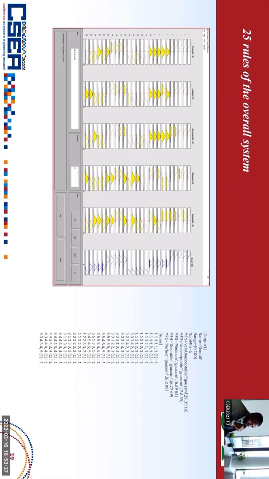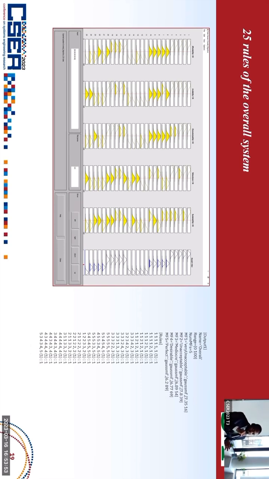I set 25 rules for my system in order to have good decision-making tools. So I moved from having a very unacceptable system, which is 7, 35, and 16, to a perfect system, which is 6, 2, and 6.2 and 89. And these are my 25 rules.